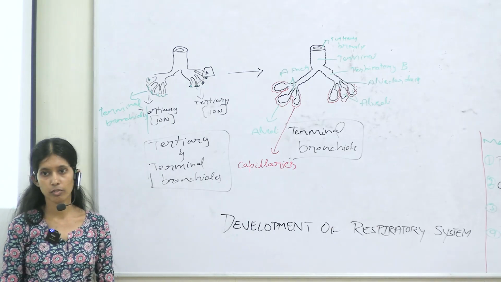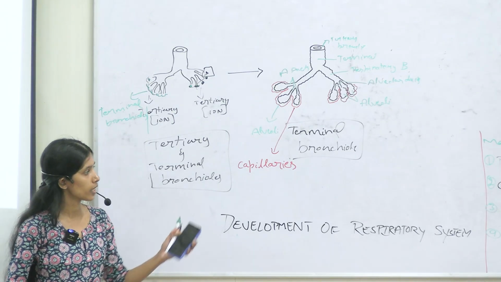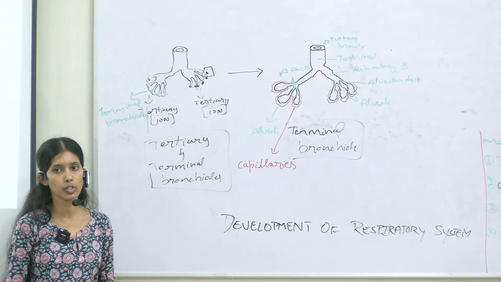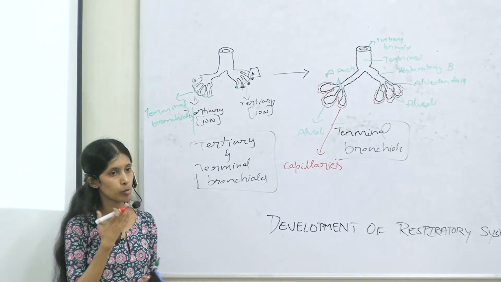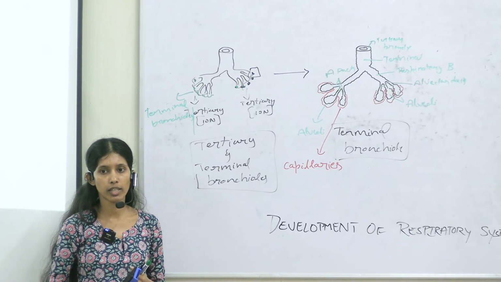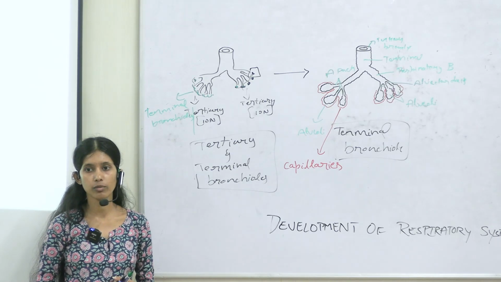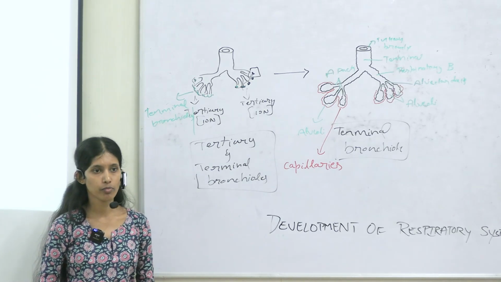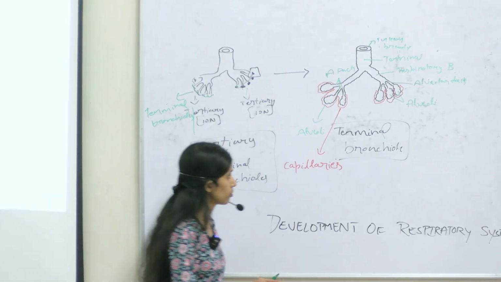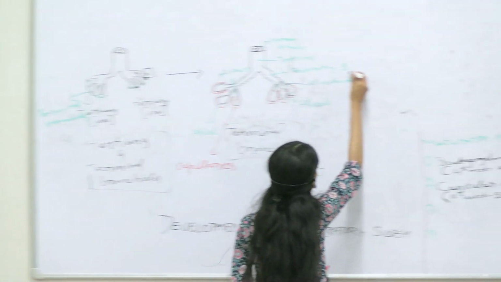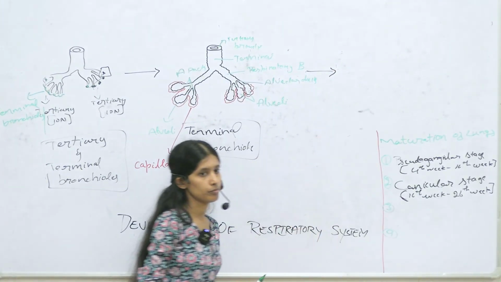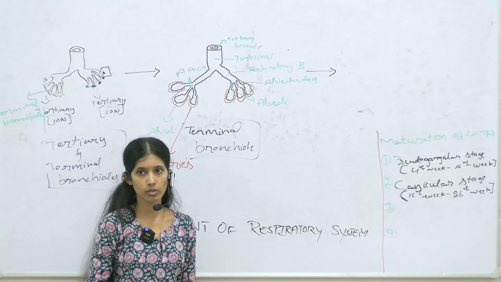Is it clear for everyone? So, in the canalicular stage, we can see the formation of respiratory bronchioles followed by alveolar ducts followed by alveoli, which is surrounded by the capillaries. Okay. Any doubts? No doubts?